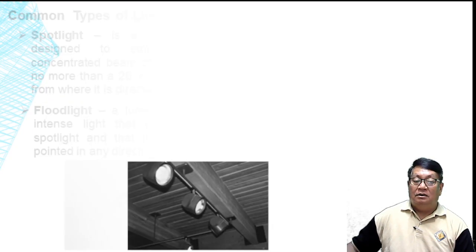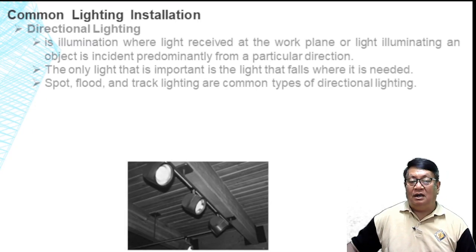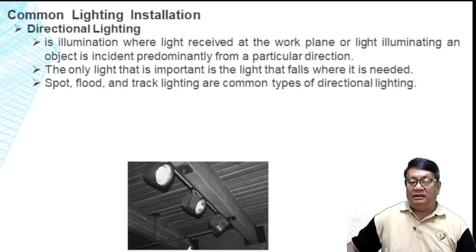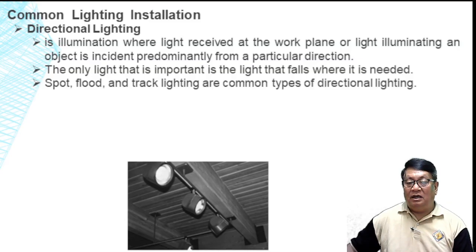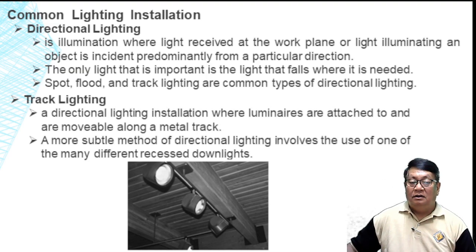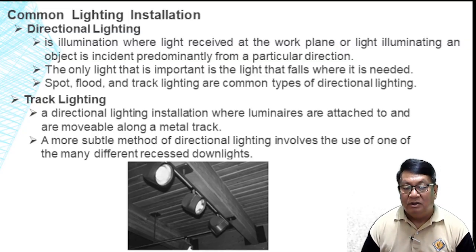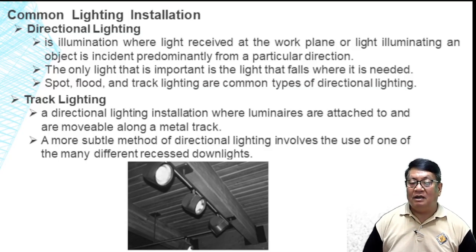Okay. So what else? So we have this directional lighting system. Okay, so it is illumination where light is received at the work place or plane or light illuminating an object. So we have this example of directional lighting system. So we have also the track lighting, no? The lighting system that will follow, or we have this tracking.